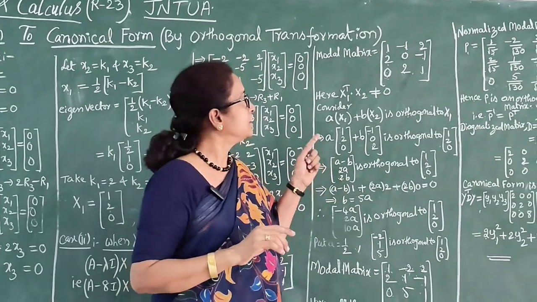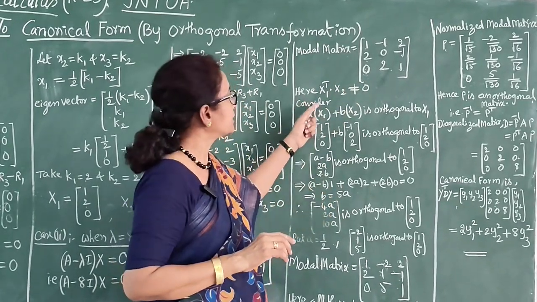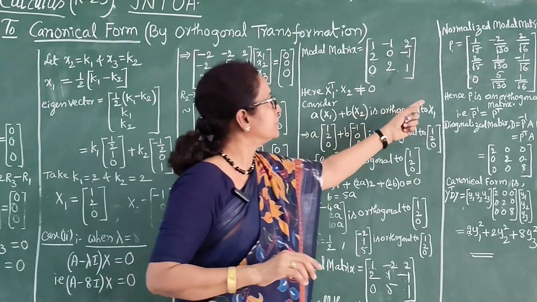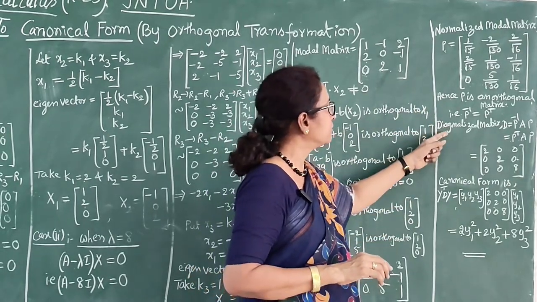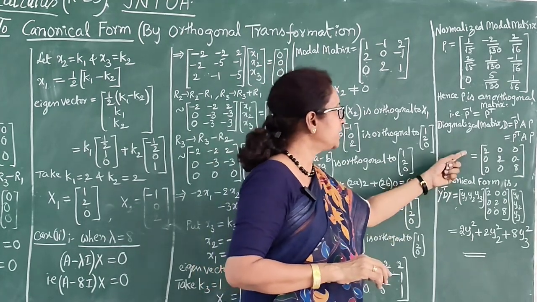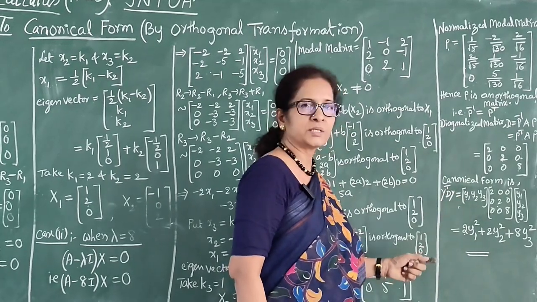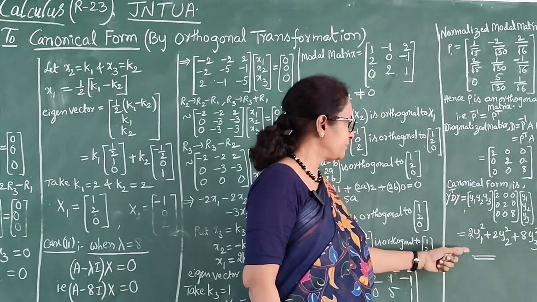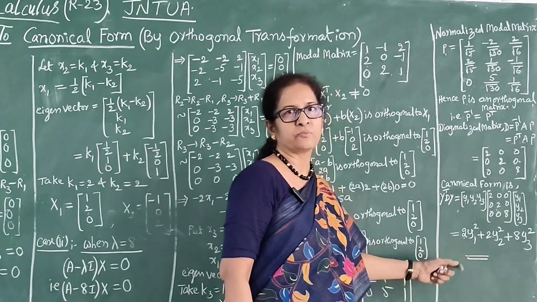The second condition is its norm, its length, must be 1. If not, then we have to convert these vectors into the normalized model matrix, and after that we have to find the diagonal matrix D. After finding this D, we write the canonical form of the given quadratic form using y transpose Dy. Finally, you will get the canonical form of the given quadratic form.